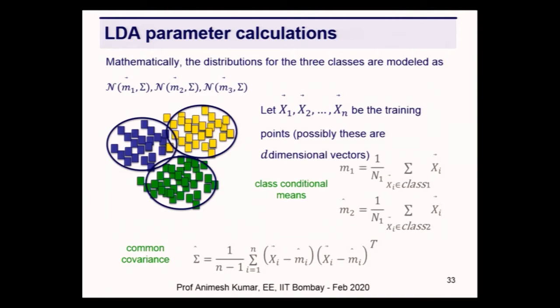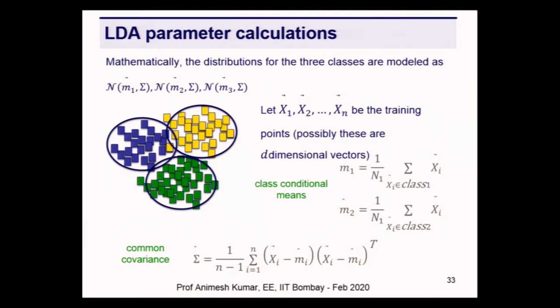For each point xi, we subtract its class conditional mean. Here mi hat is the class conditional mean corresponding to the particular training sample, and then we take its outer product with itself, and then average it all out. This part is the averaging. That gives you the common covariance.